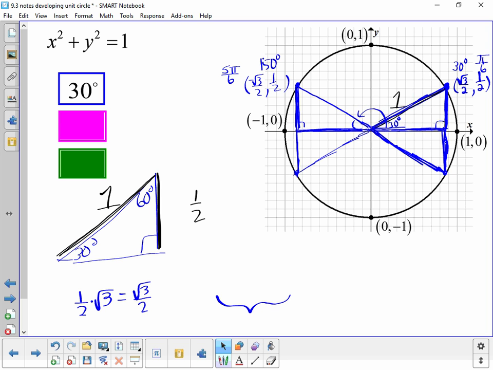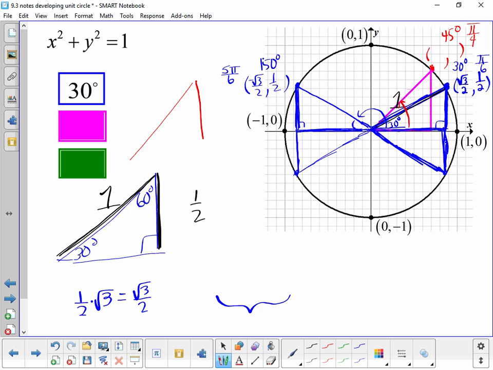A 45, 45, 90 triangle is the next one we studied as one of our special right triangles. Well, if we draw a 45-degree angle here, in radian measure, that's pi over 4. And if we wanted to know the coordinates of this point, we could think about a 45, 45, 90 triangle.